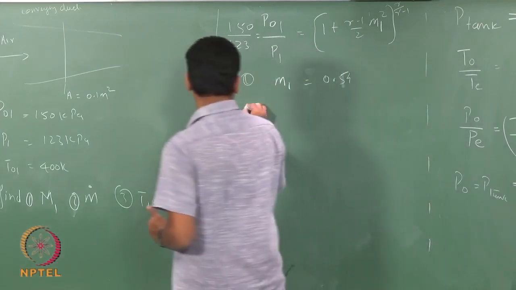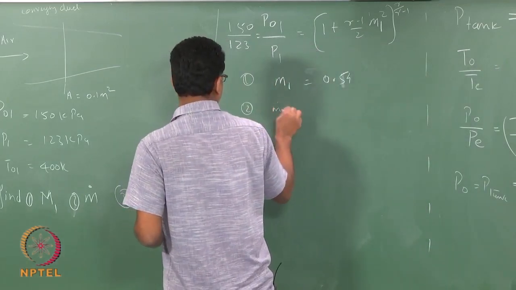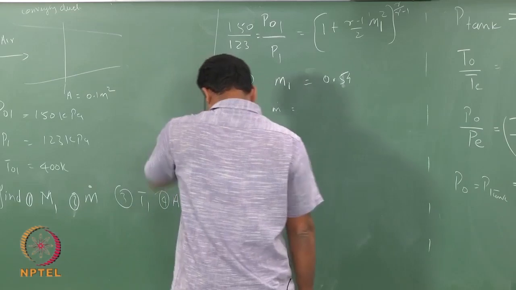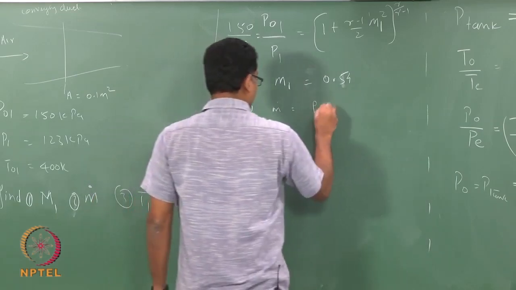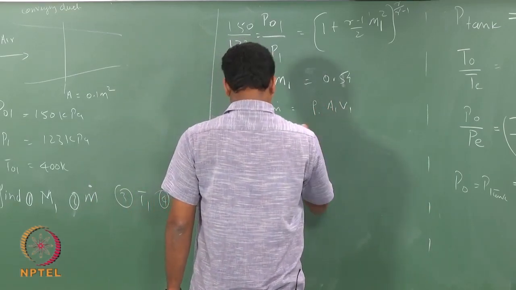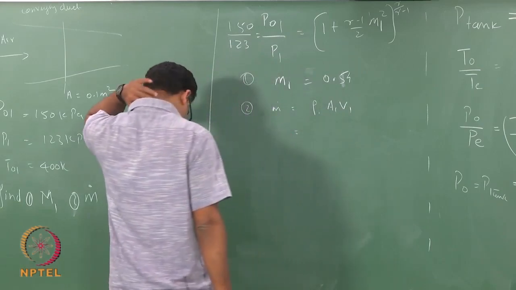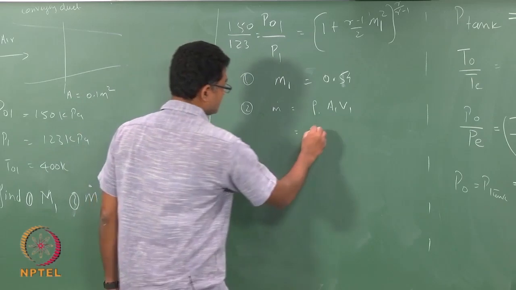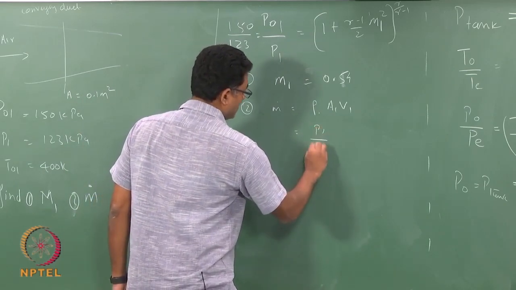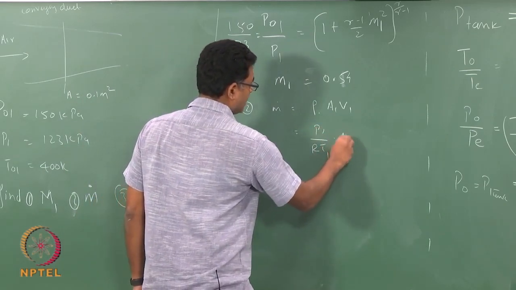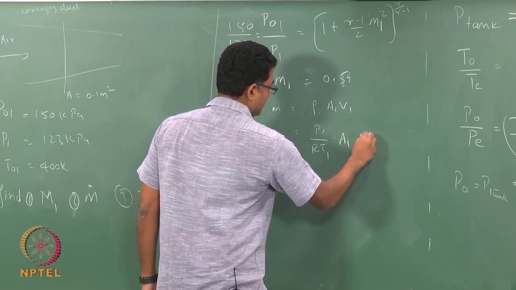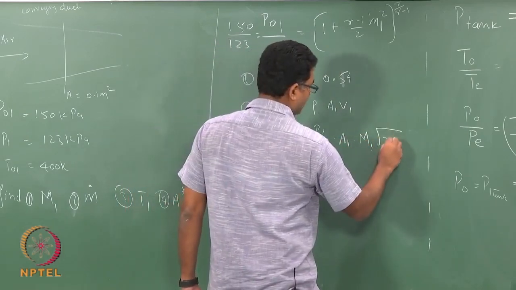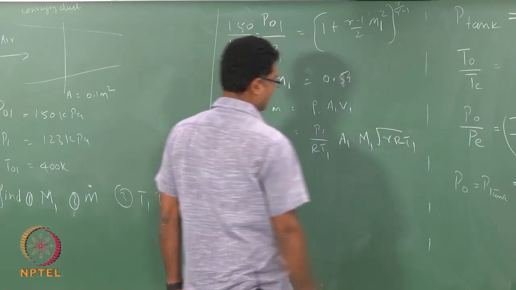Now, m dot is rho 1, A1, V1. Rho 1 is P1 by R T1, into A1 into M1 into root of gamma R T1.